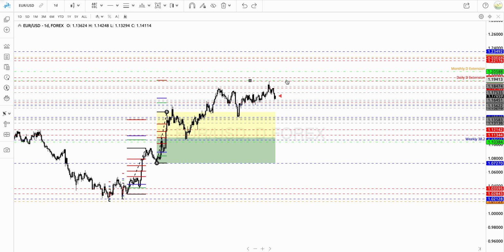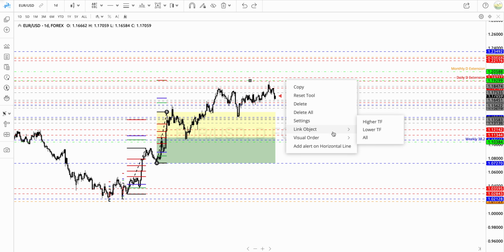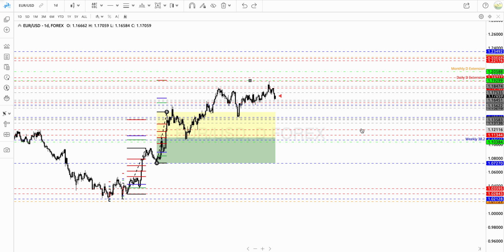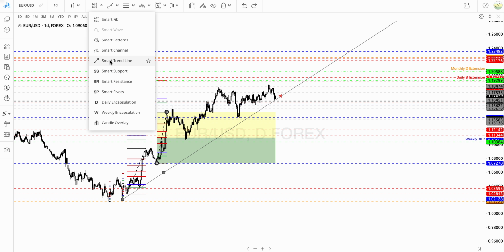And let's say we got to link this down to the lower time frames. All right, so this is like our North Star right now. This tells me this is still moving to the upside. I do want to throw on, excuse me, a trend line. I don't want to cut through candles.